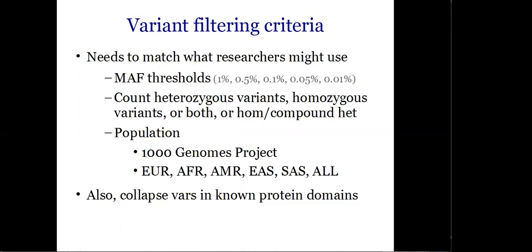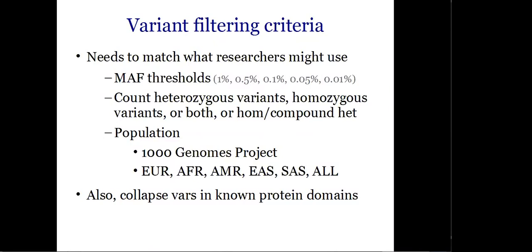But if you're looking at an autosomal recessive disease, you want to know how many individuals in the general population have homozygous variants only, or are potential compound hets, which would mean they have 2 heterozygous variants in the same gene.